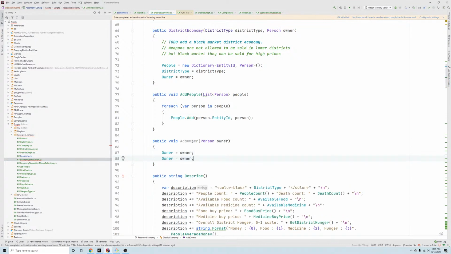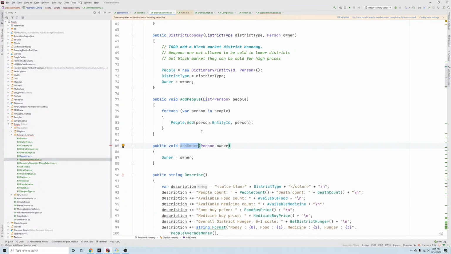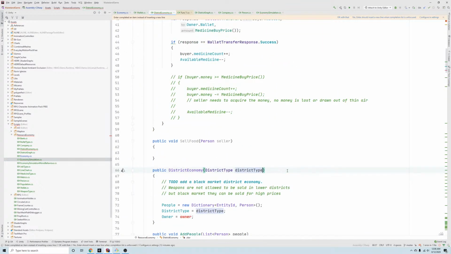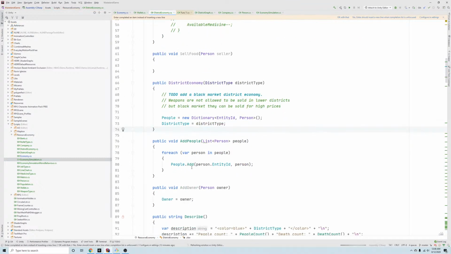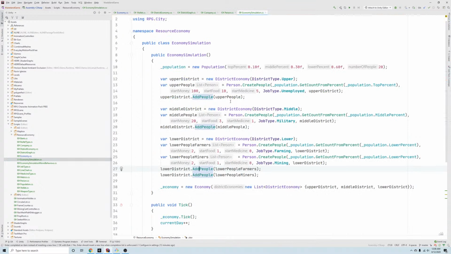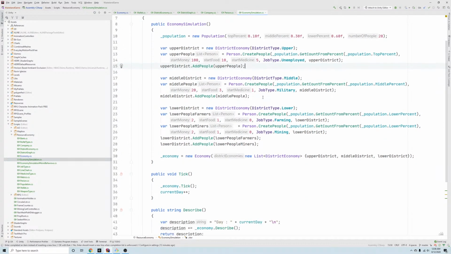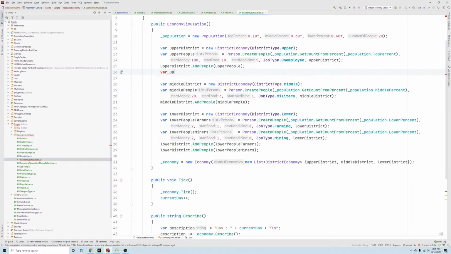Owner. So this is not great, but there's some order to create these dependencies.